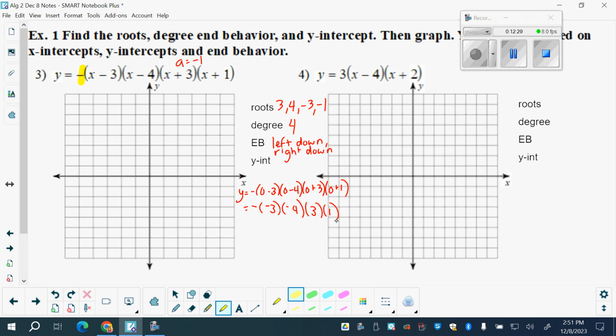Feel free to use a calculator. Good question. Yes, I put a negative there, but you're right, 1 would be even clearer. It's going to be negative 36. So 0, negative 36.